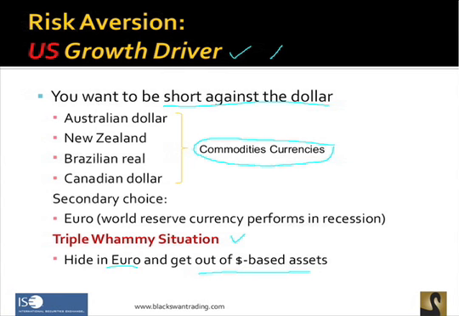Making the point, even though there's risk aversion and it's U.S.-centric growth, in general, during major global recessions in normalized environments, we've seen the U.S., the world reserve currency, do well. It's just natural. Think of a global recession and think of the global economy with the U.S. at the center. It still is a U.S.-centric finance global economy.